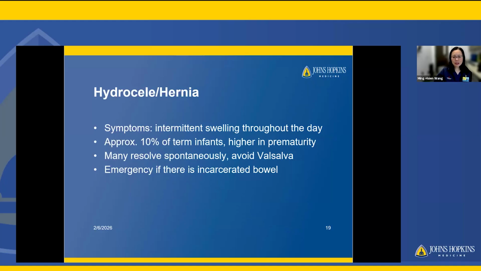And again, this happens quite often in your babies who are premature, just because that testicle hasn't dropped down completely, so that inguinal opening is still open. And once the babies are full term, usually the testicle drops, and this will close off on its own.